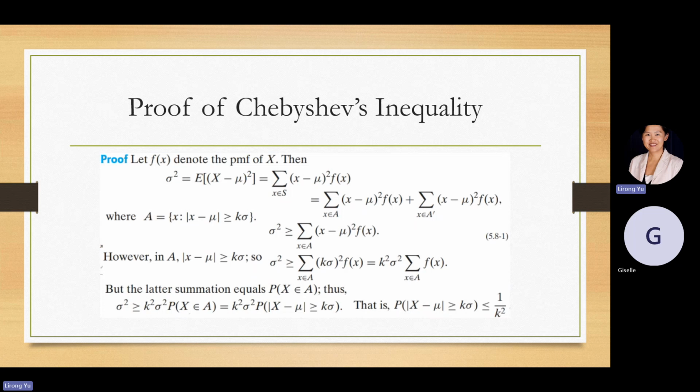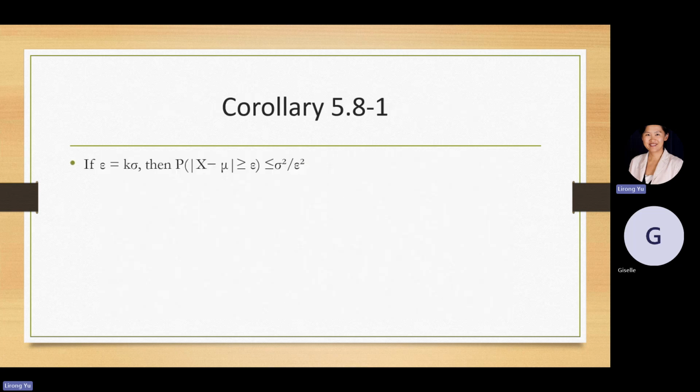So the proof is very smart. It's a tricky way to combine the definition of variance and the set notation in the process of the proof. That's not required, but you might mention that in your proof theory class. Right.